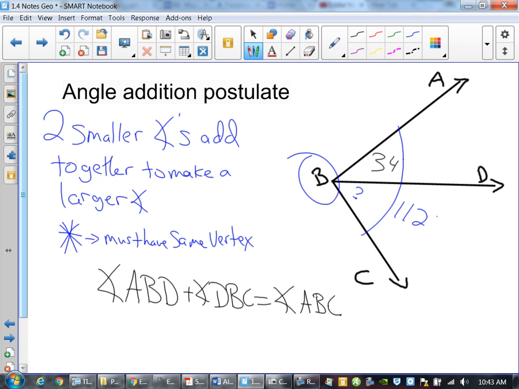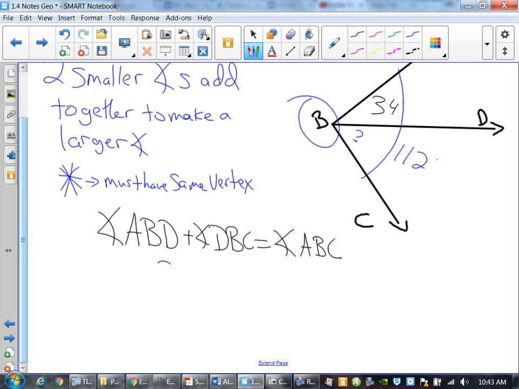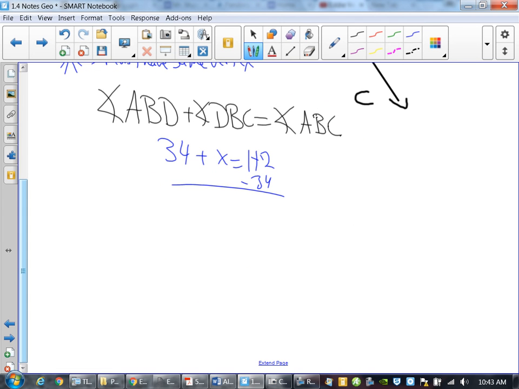You're just turning. It's the exact same problem. Okay. What I would do is I know that it would be the 34 plus something equals the 112. And I just subtract the 34. Let's see. 78 degrees, I believe. It's the same problem. Okay.